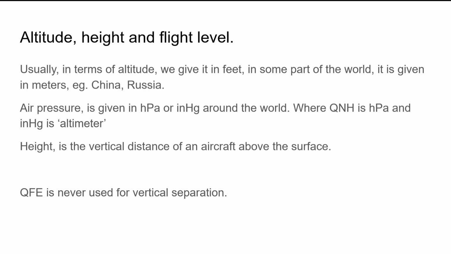What we do need to make sure we say is the altitude when, for example, giving a descent or a climb. So, for example, Wizz Air 90345, descend to flight level 70, or descend to altitude 3000 feet.